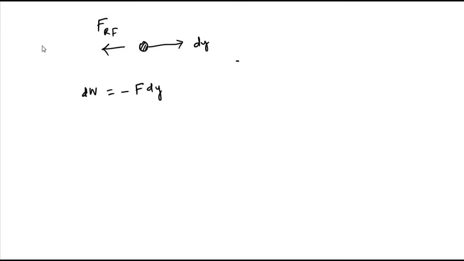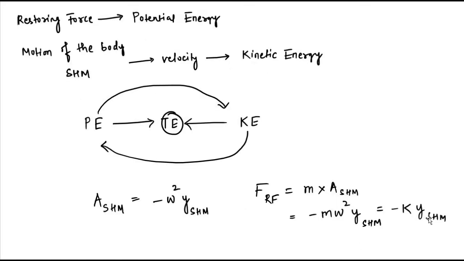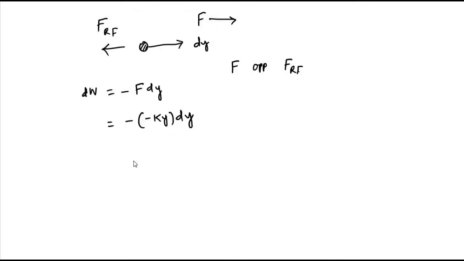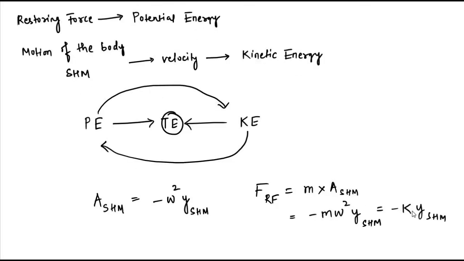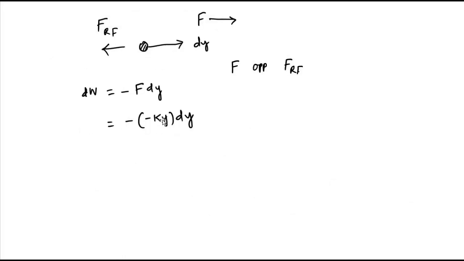Note that F is opposite to the restoring force but equal in magnitude, so it is given by ky dy, because the restoring force is minus ky SHM. We are simply writing it as ky; it is the same thing. Instead of y SHM, I am simply writing y.